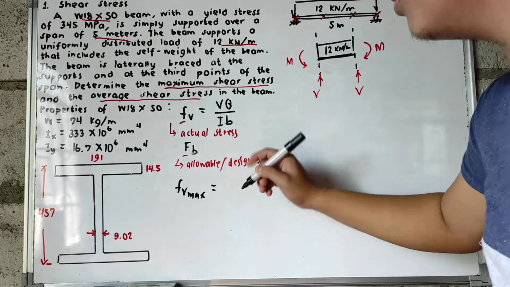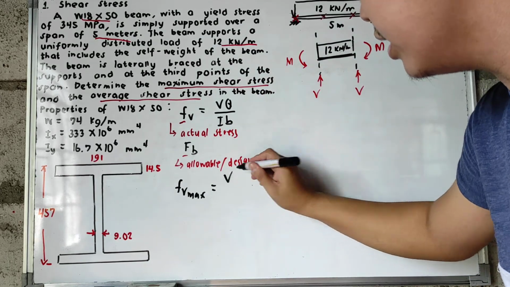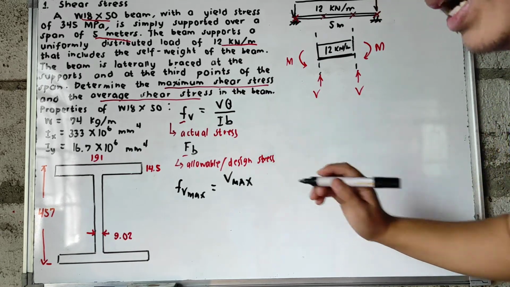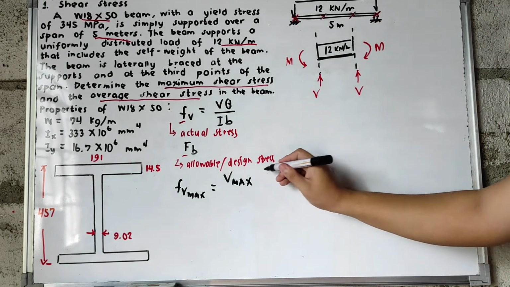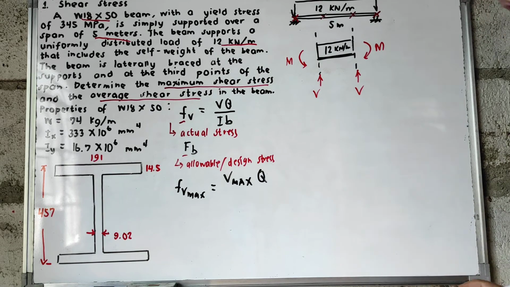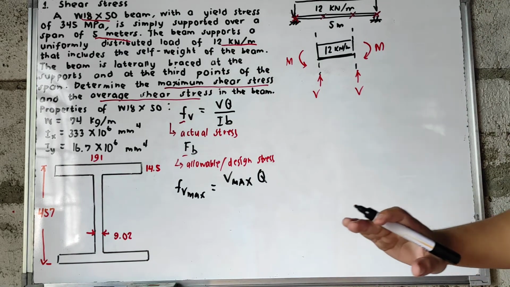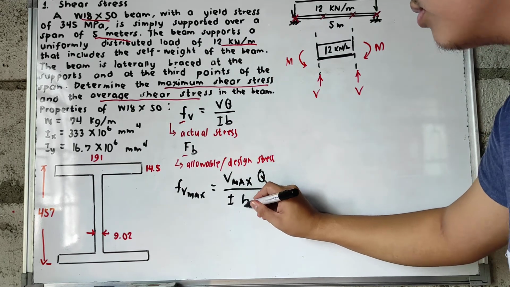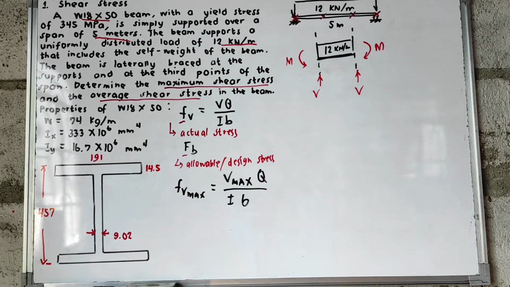Since maximum yung hinahanap natin, meaning to say, yung kukunin mo dapat na shear, naka-maximum din dapat yan. And at the same time, yung ko-consider mo na Q, dapat maximum din, all over yung I multiplied by B. So for this one, kunin muna natin yung value ng Vmax natin.